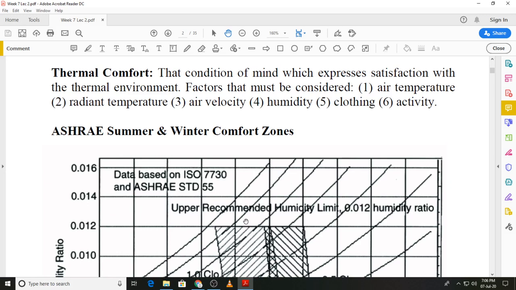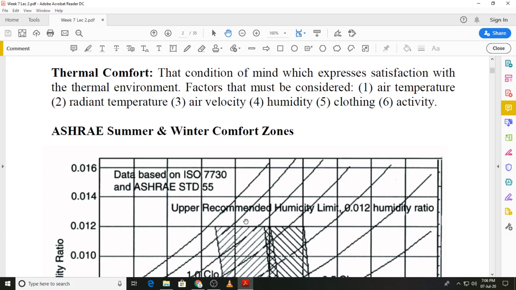The perception of comfort varies from individual to individual, so it is not possible to satisfy each and every person in a conditioned space in terms of thermal comfort.